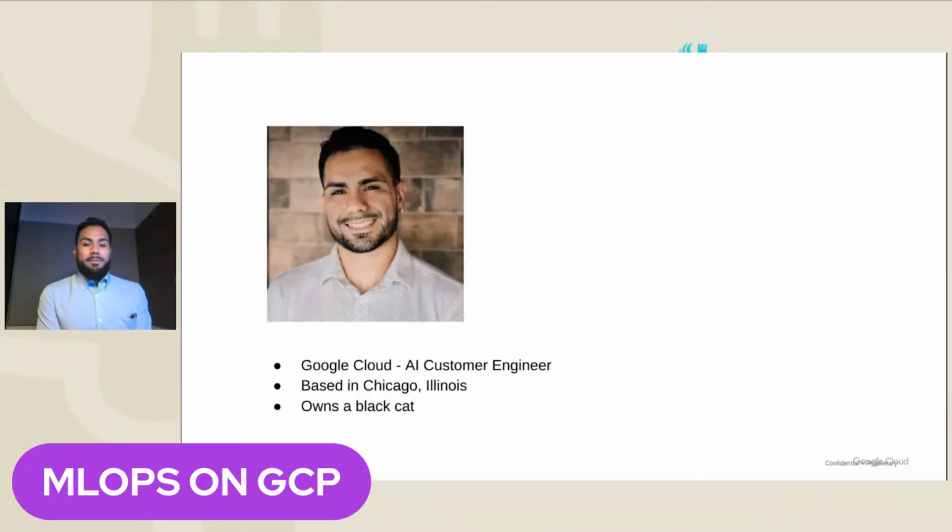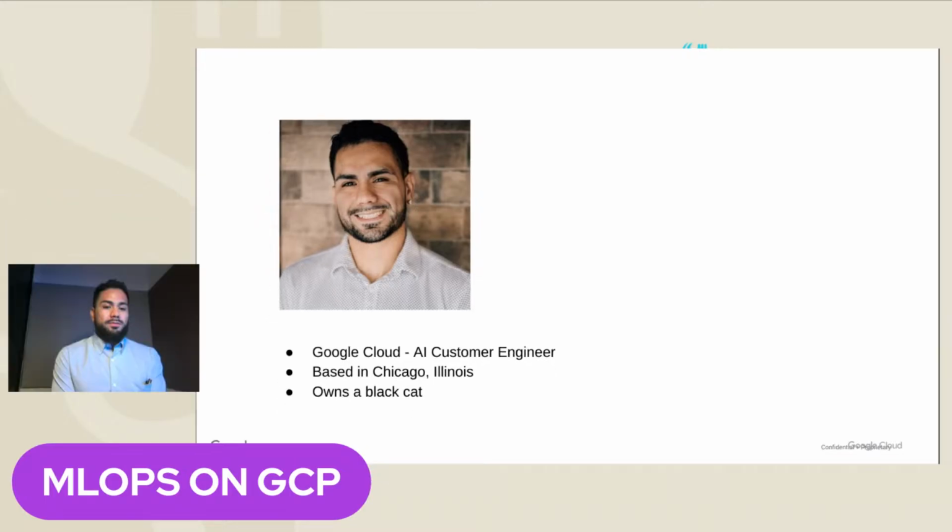But a little bit about me. As I pointed out, I am a Google Cloud customer engineer based in Chicago. Customer engineers like myself have a technical background and work with different enterprises to establish solutions, to work through proof of concepts, and to solve business problems, right?